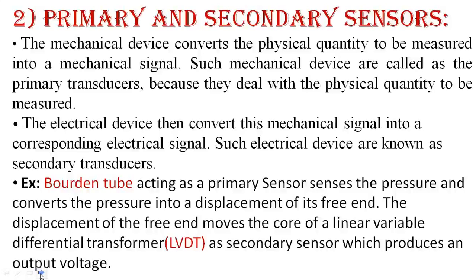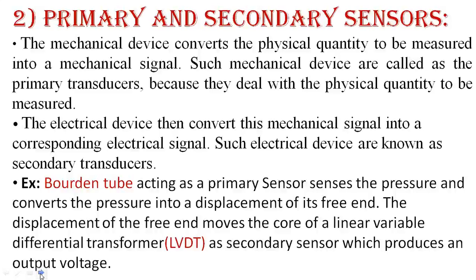For example, a Bourdon tube acts as a sensor which senses the pressure and converts it into a displacement of its free end. The displacement of the free end moves the core of a linear variable differential transformer, LVDT, a secondary sensor which produces an output.